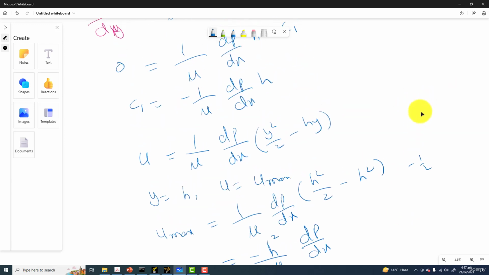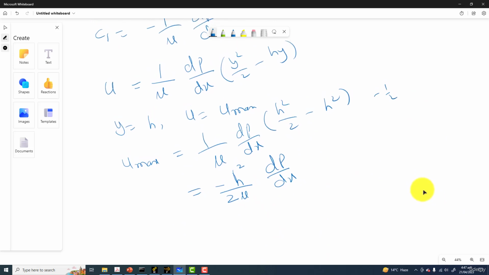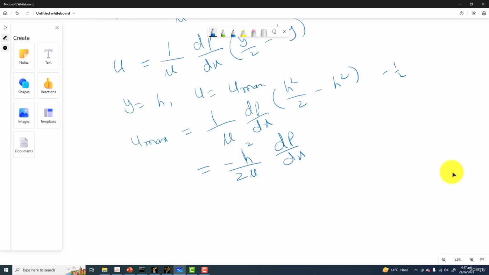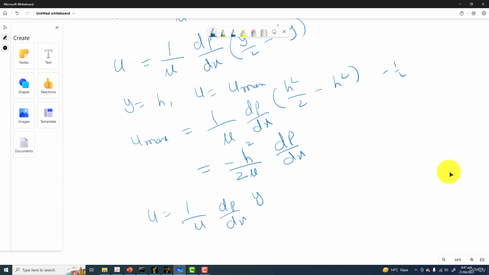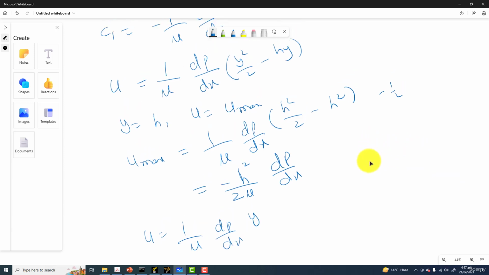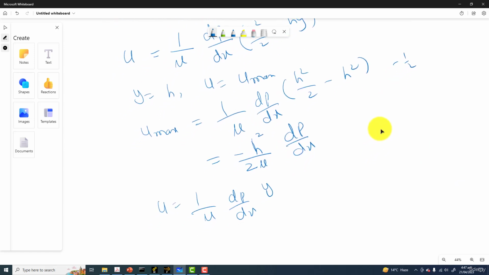So now we know that u is equal to 1 upon mu dp by dx, y square upon 2 minus hy.